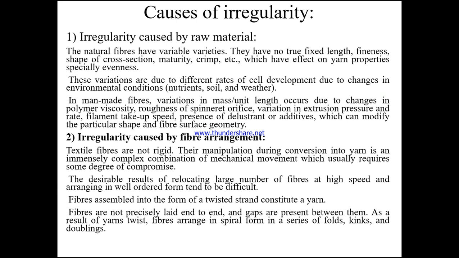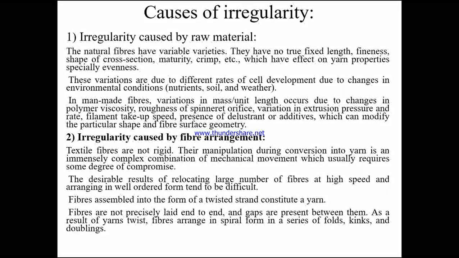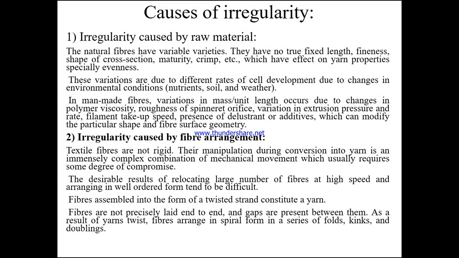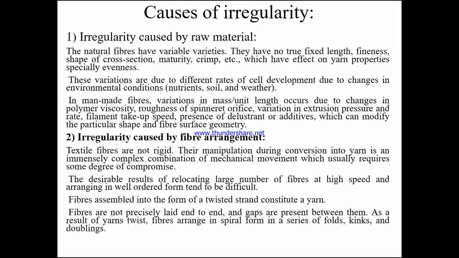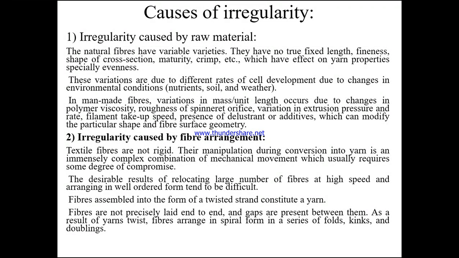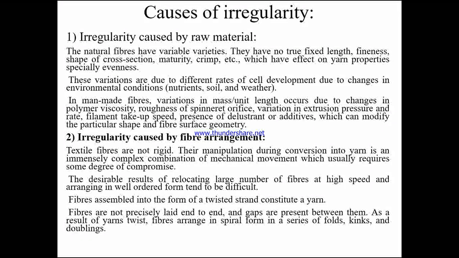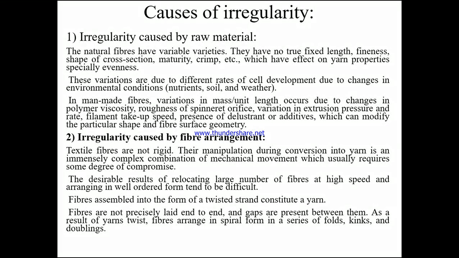There will be variation. Presence of delusterant or additive. If you add some delusterant, suppose titanium dioxide, or some additives, anti-static finish, flame retardant finish, different color, then that will also affect the mass variation of the fiber because of the amount of delusterant or additives you are adding.